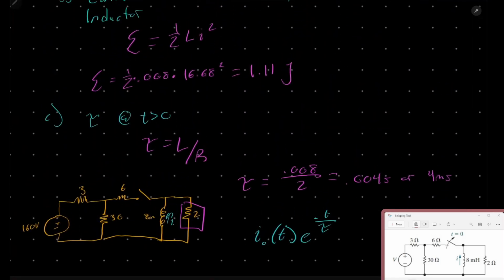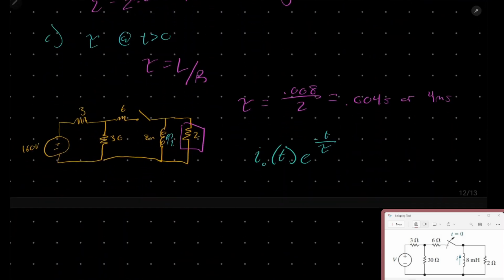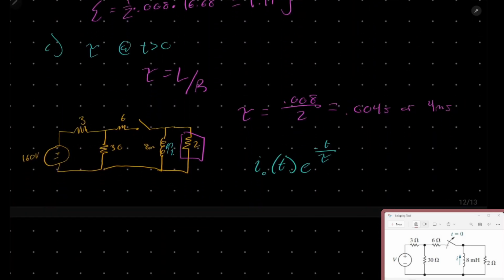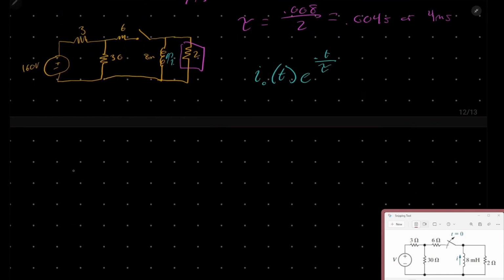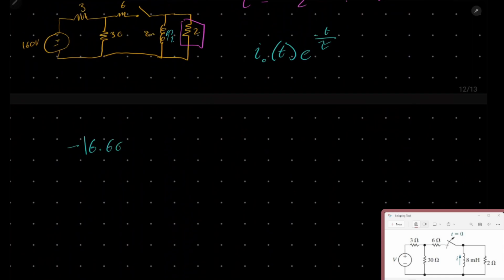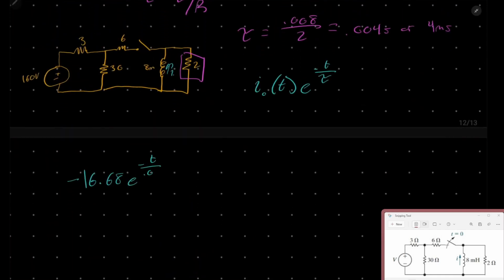Our initial I was 16.68, going in this direction down, but our circuit wants us to find the current going up. That means our initial current will be negative: negative 16.68 e to the negative t over tau, which was 0.004.